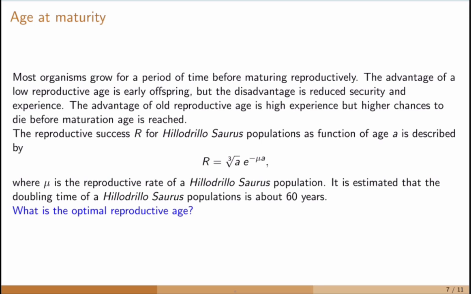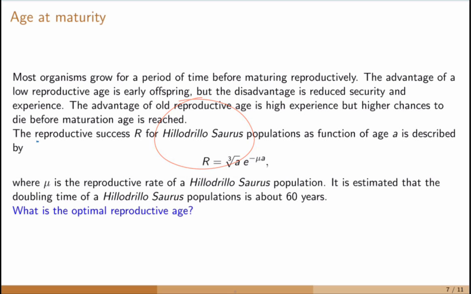Let's look at this fun example of the age of maturity. The age of maturity is an age where individuals in a population begin to become reproductively active. In many populations we observe a juvenile time where children grow up, and then only if they become old enough are they able to reproduce. Now we would like to estimate the optimal age for reproduction for a Hylodrillosaurus population.